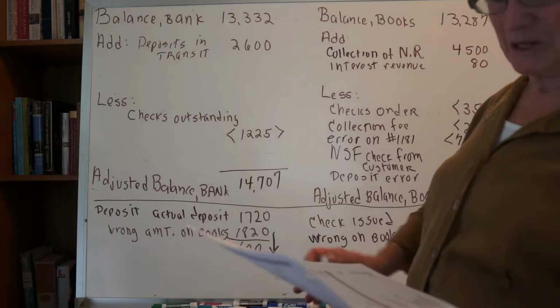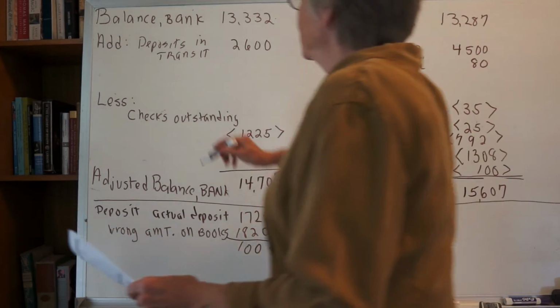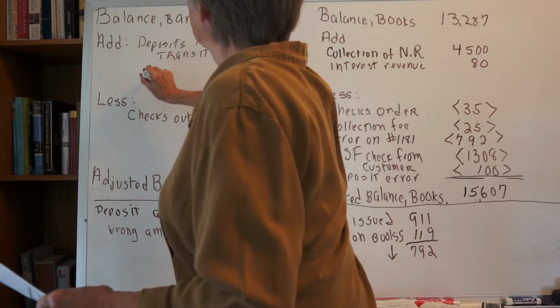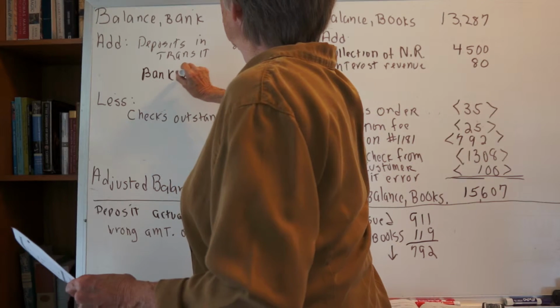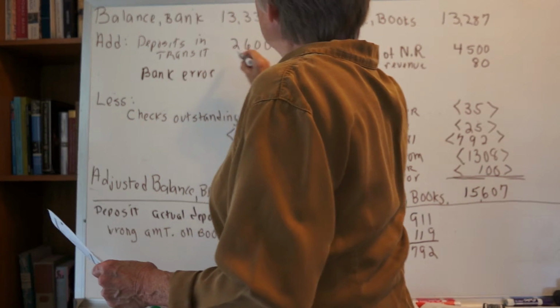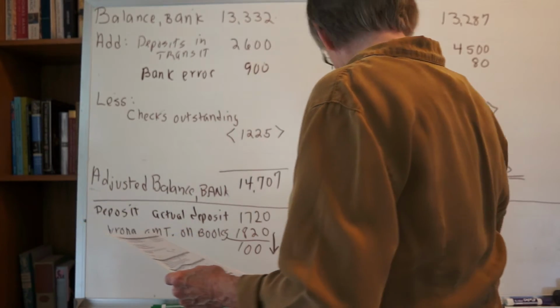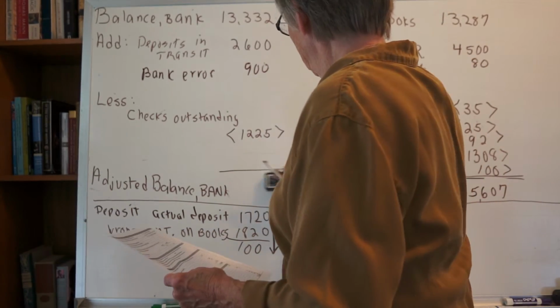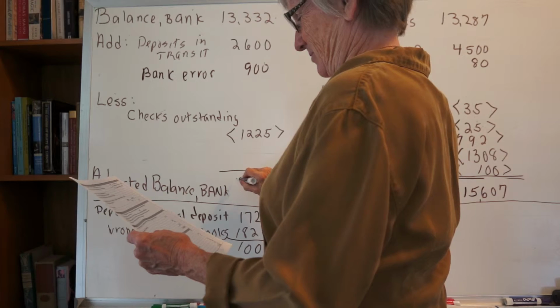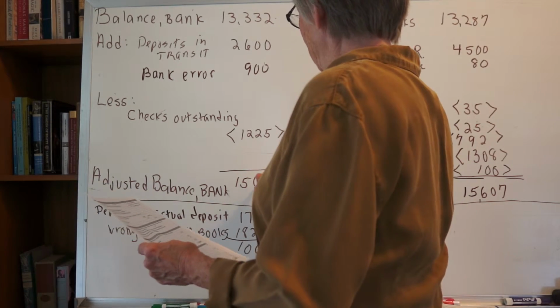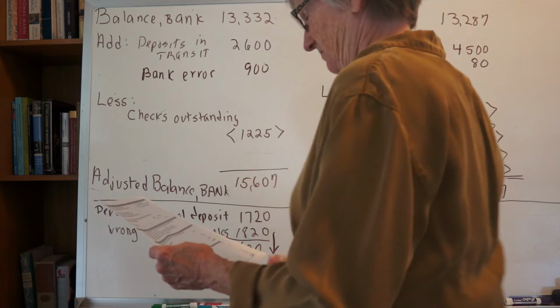But to get our bank balance to balance, we have to just make a notation here that there was a bank error, and they need to add back that $900 to our account. And so when we get to that point, it would be balanced at 15,607.